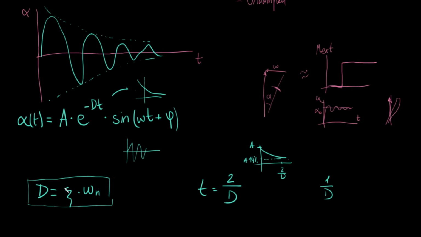We still have to see what the damping ratio and the natural frequency are for our rockets. We want to know what this is, but in variables we're familiar with.